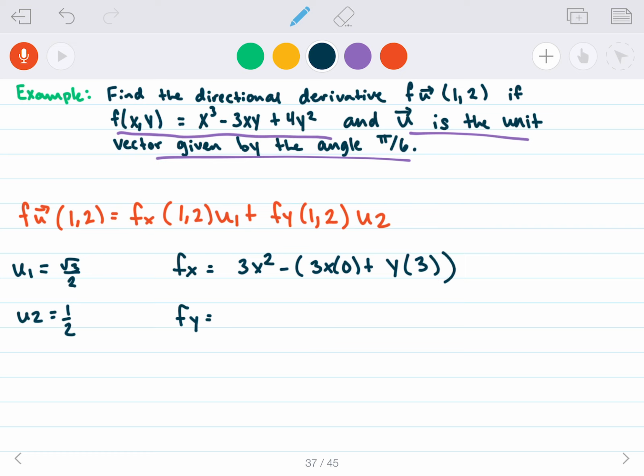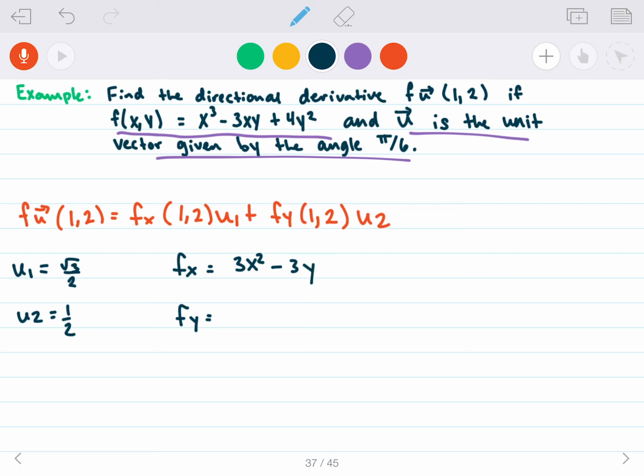And then plus 0, because the derivative of that is just 0. So this becomes 3x squared minus 3y. Let me rewrite that: 3x squared minus 3y.